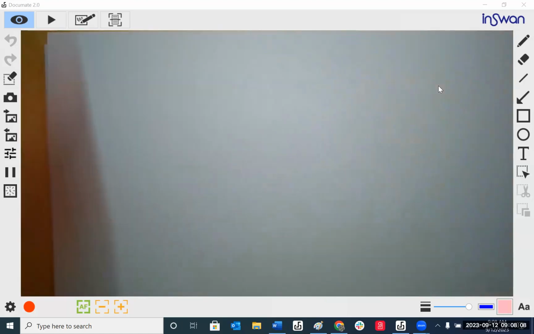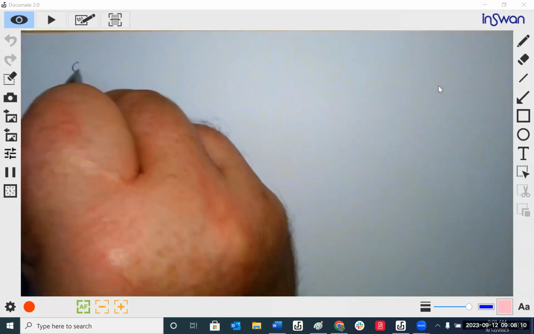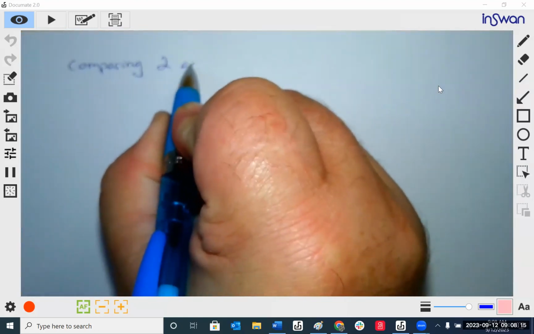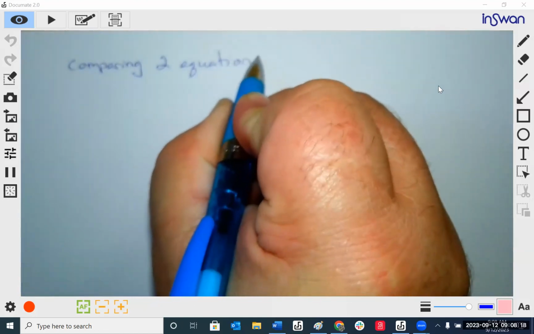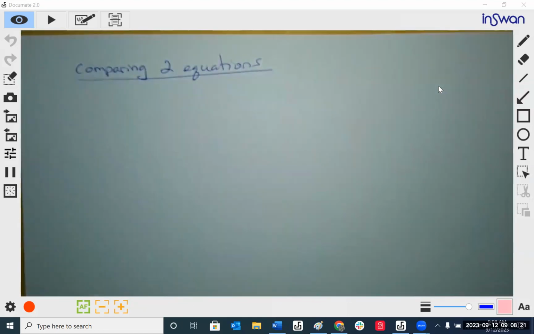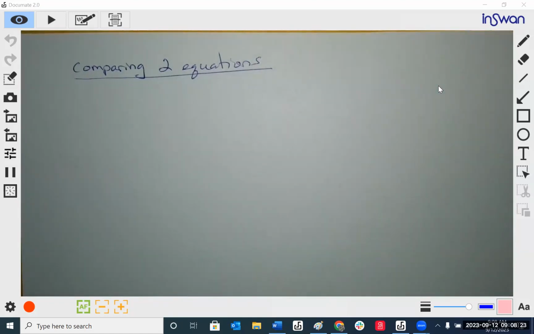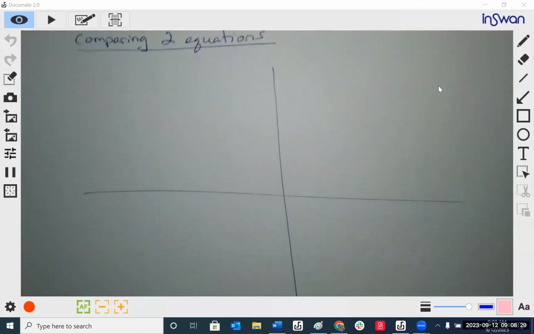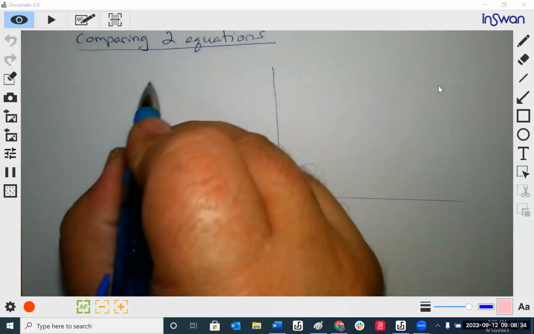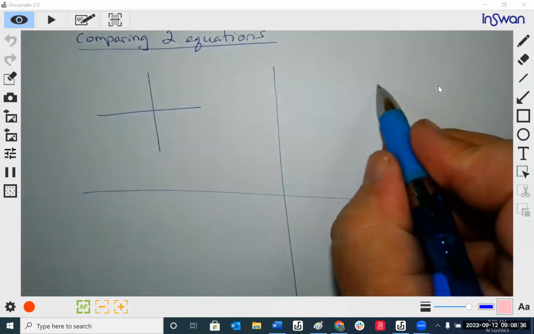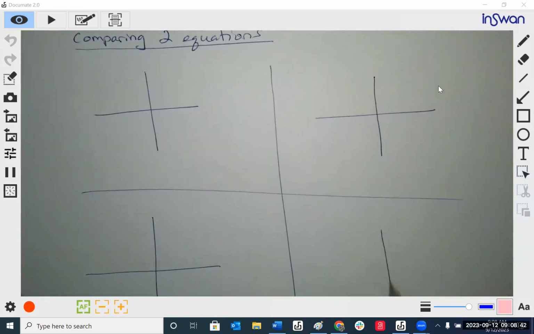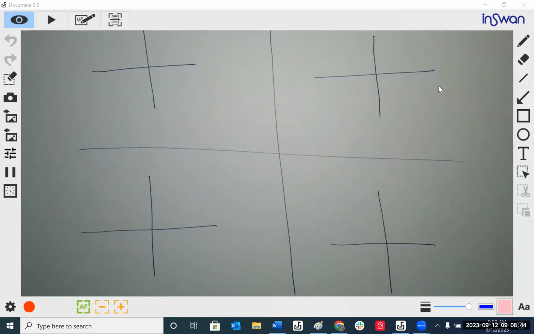Comparing two equations. Of course, we're talking about linear equations. There are four possibilities. Looks like the flag of Malta.